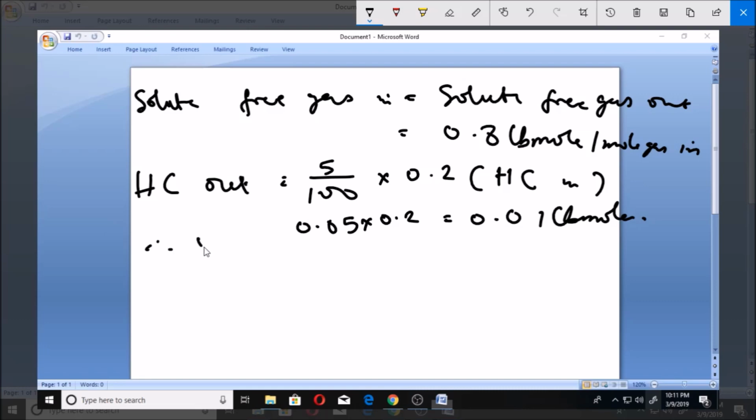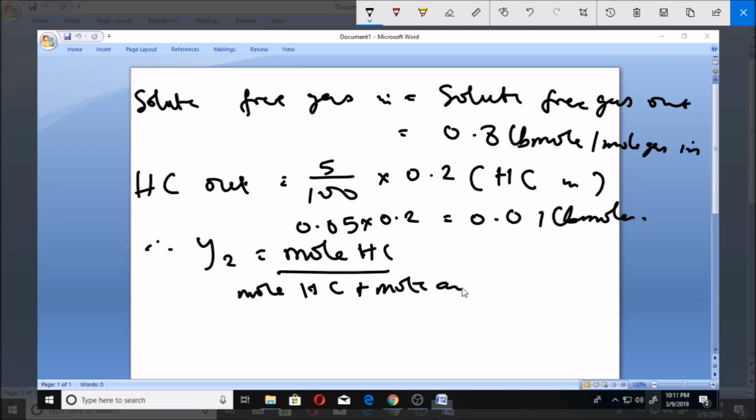Therefore Y2 is equal to mole hydrocarbon over mole hydrocarbon plus mole air, which is 0.01 over 0.01 plus 0.8, equal to 0.01235.